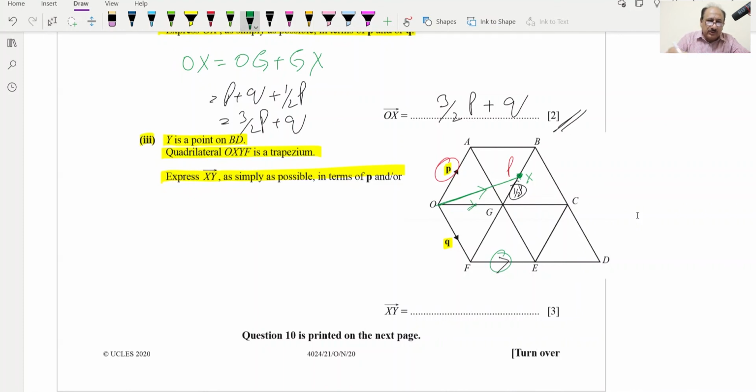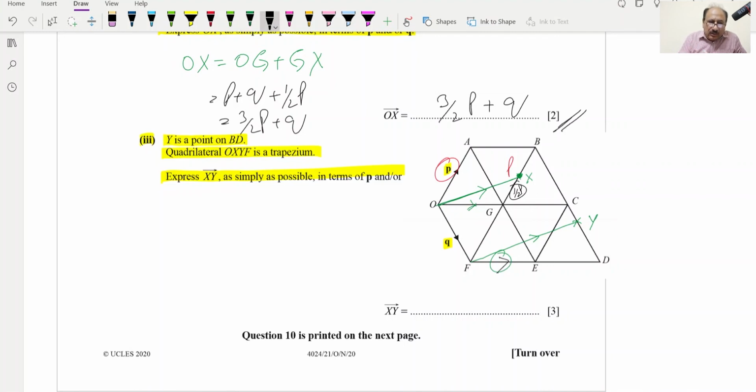We can take Y on this point. Y is on BD, and we can take a point over here. If we draw FY, this is our Y. So we can join this Y with F, and this will be our FY, and FY is parallel to OX.